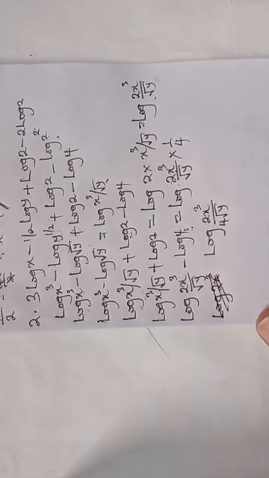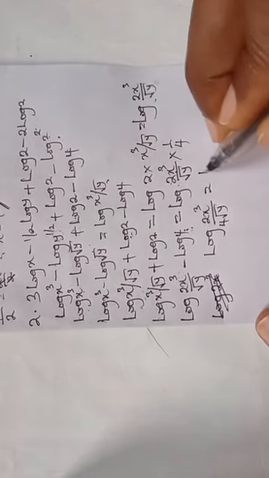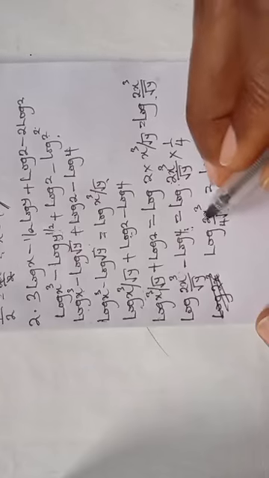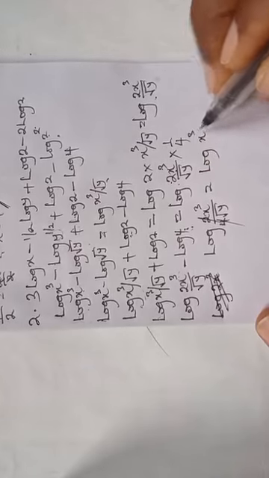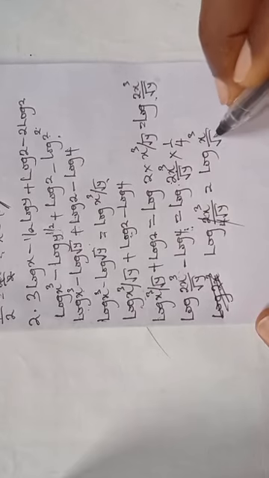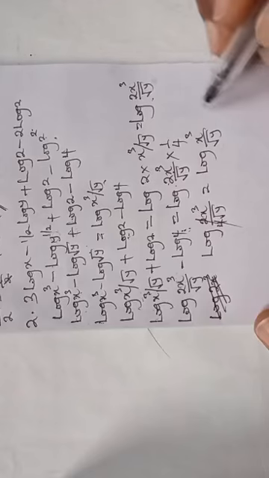Now at this point we can simplify: 2 divided by 4 gives us log of x power 3 over square root of y. That is all about this.